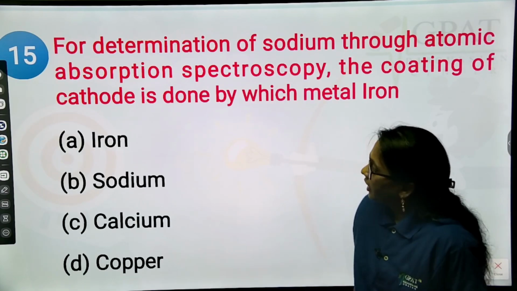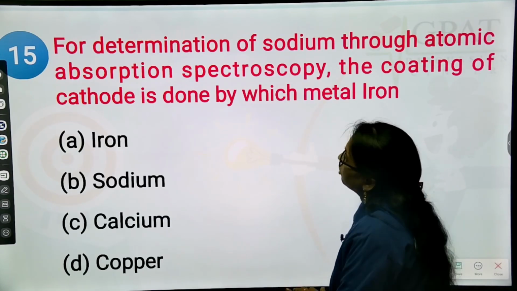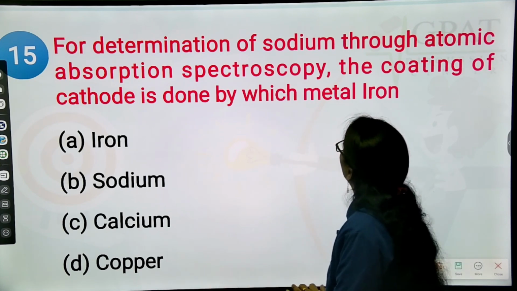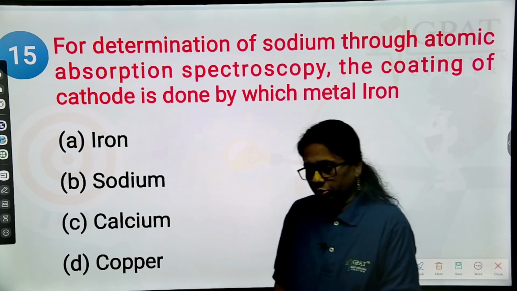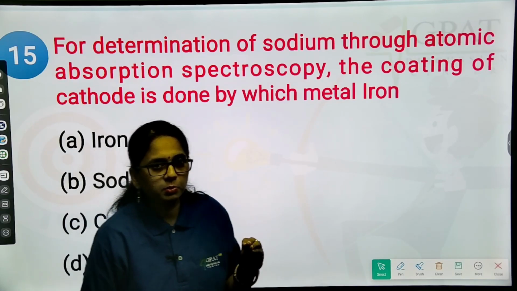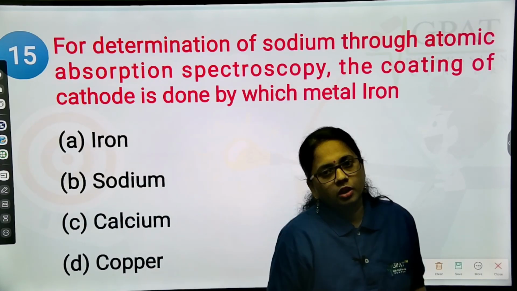Next question: in the determination of sodium through atomic absorption spectroscopy, what is the coating of the cathode? Whenever a hollow cathode lamp is used, it is specific for the element, so the same coating cathode lamp should be used.